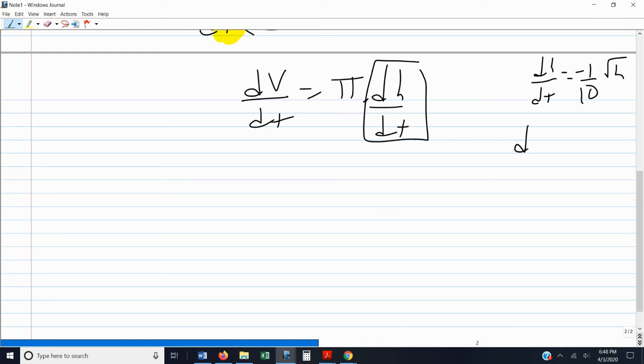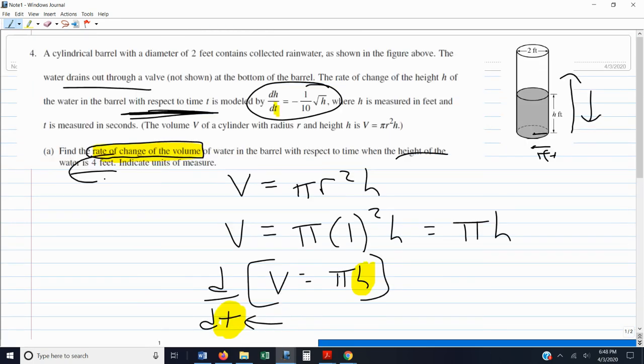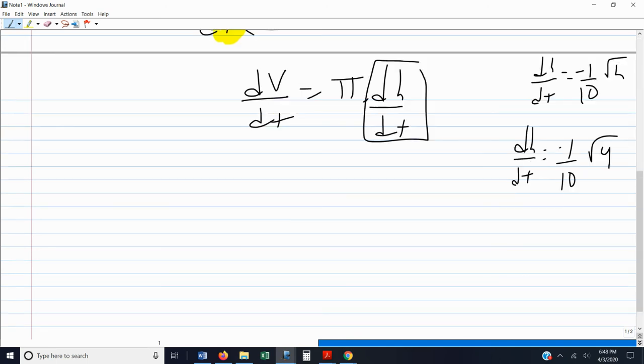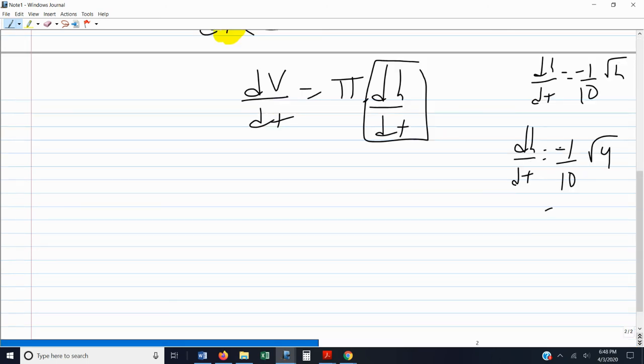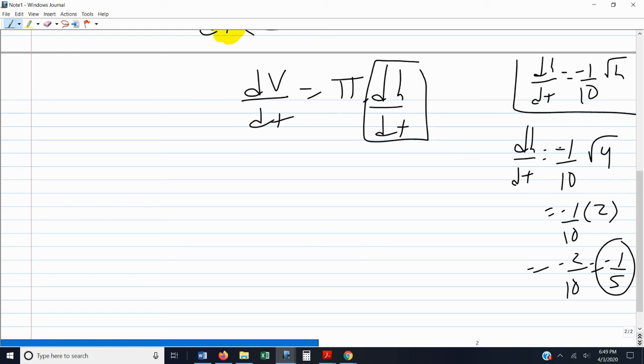And so dH/dt, if the height of the water is 4, and I'm getting that from the question, the height of the water is 4 feet. When you plug in 4, you get the square root of 4 is 2, you get -2/10 or -1/5. And so dH/dt, when the height is 4, is -1/5. You could also write that as -pi/5.